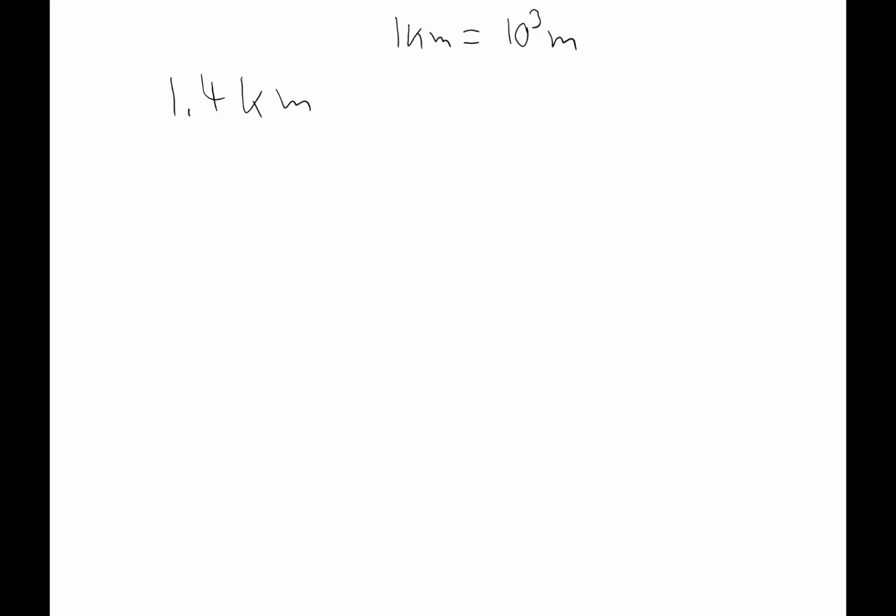You multiply by 10 to the 3 meters and you divide by 1 kilometer, because again you are canceling here. So then your answer is simply 1.4 times 10 to the 3 meters.